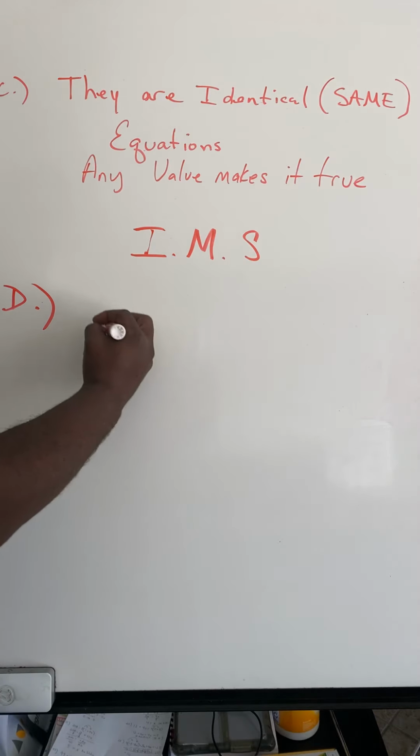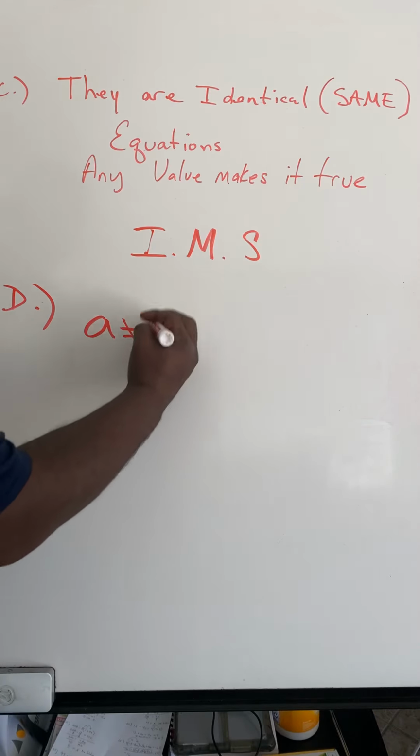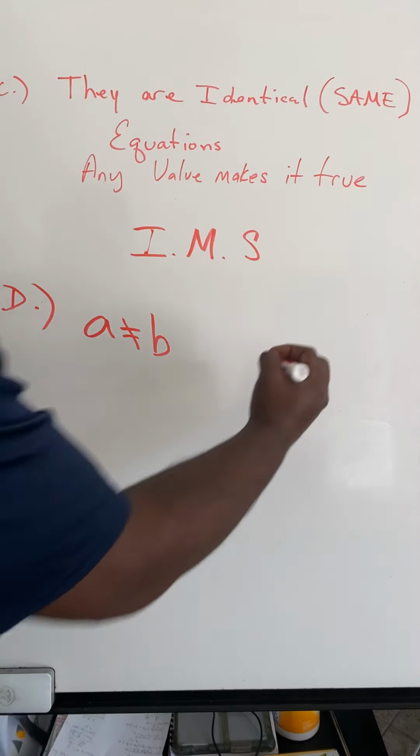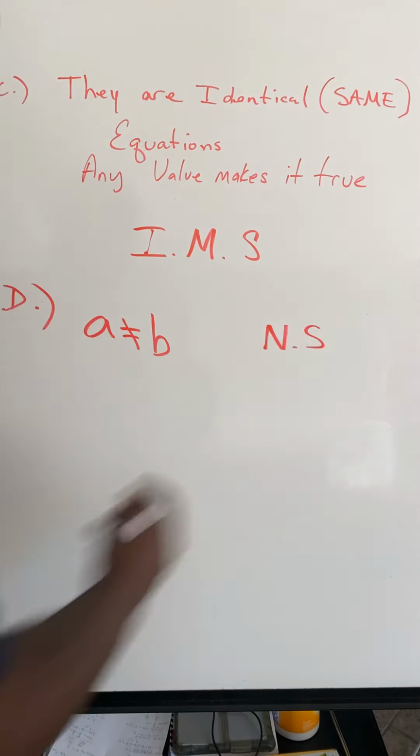So if a does not equal b, then the meaning behind that is there are no values of x that make this true. Number of solutions, no solutions.